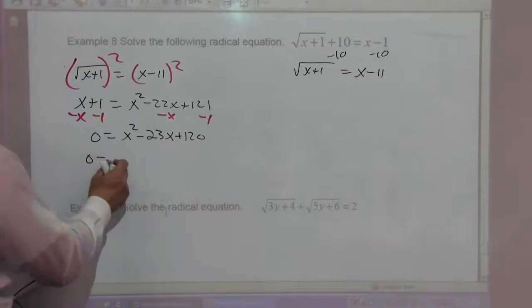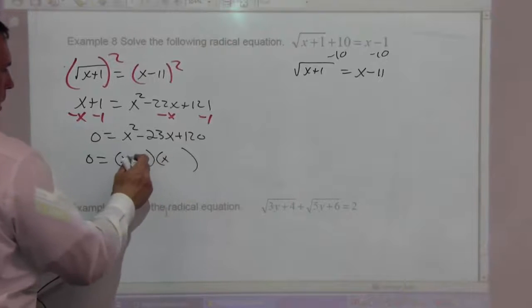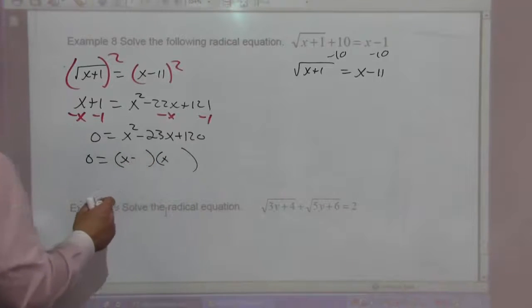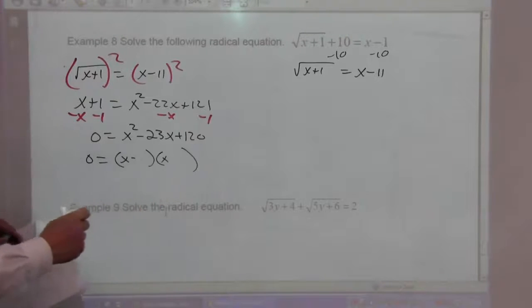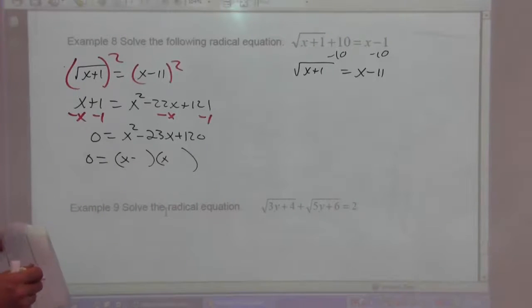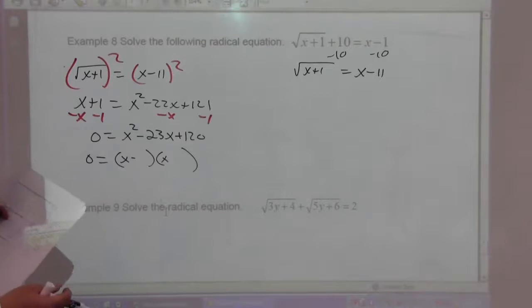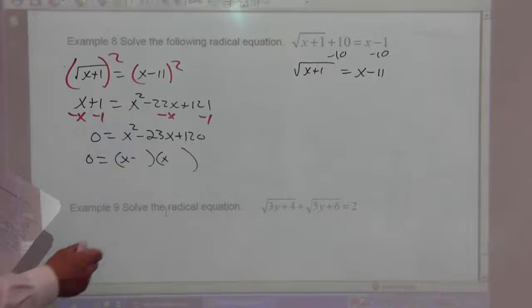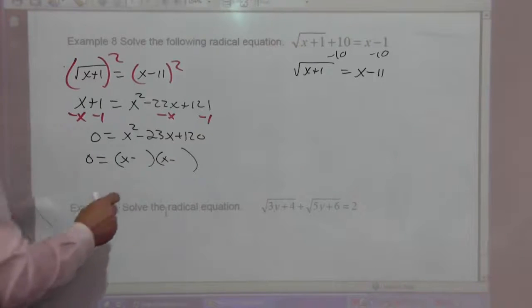So 0 equals, let's see, thinking factors of 120 would be 4 and 30. It's not going to work. Both negative. 3 and 40. That's not going to work. Let's see. How about 15 and 8?